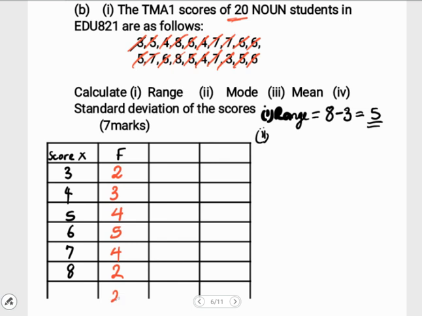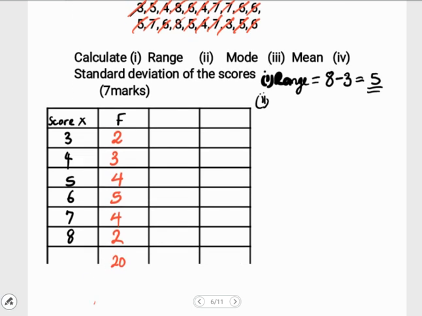So summation f is equal to 20. All right, so the mode here is simply the score that appears most, which is equal to 6.